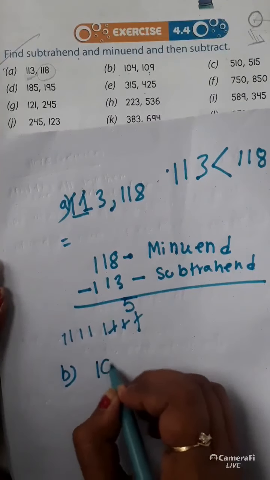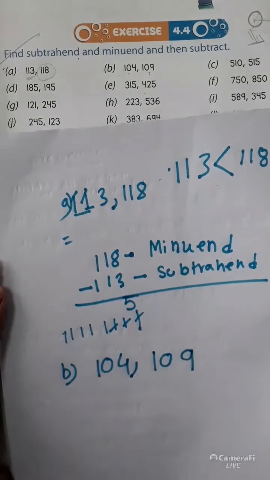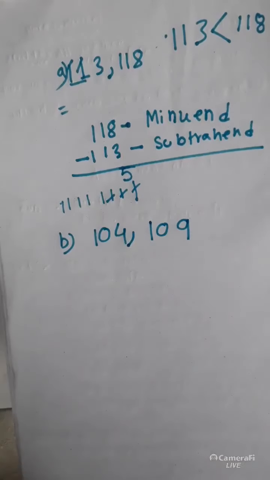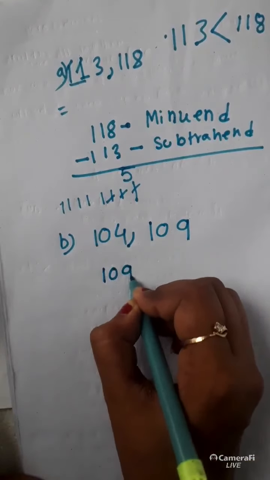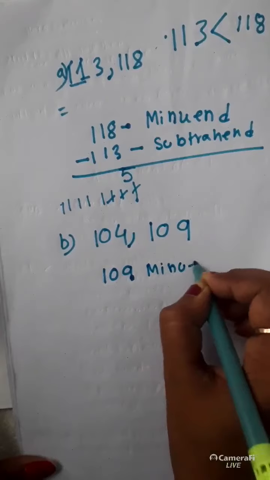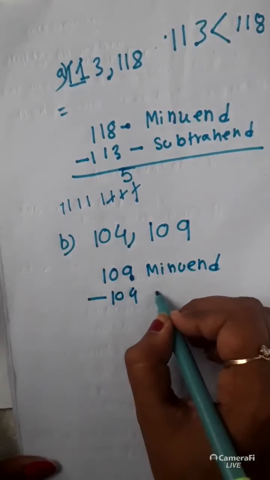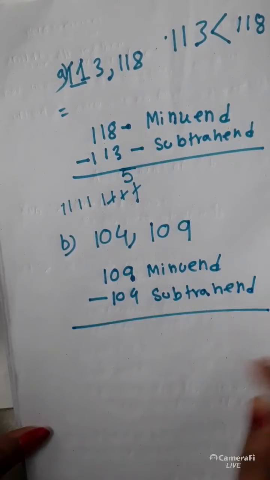Question number B is 104 and 109. Tell me everybody, which one is the bigger valued number? Yes, of course, 109. So 109 will be minuend and 104 will be subtrahend. Understood everybody?